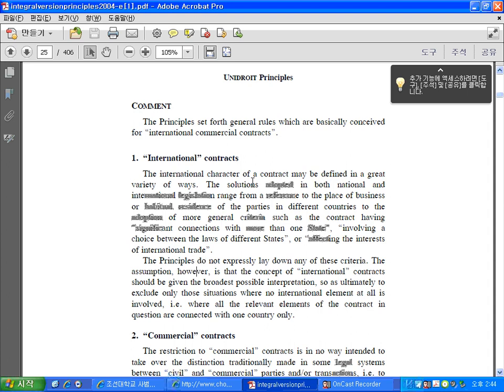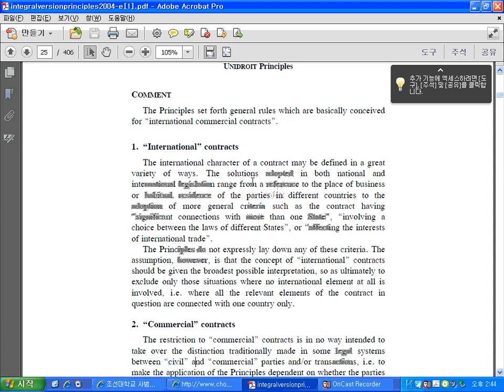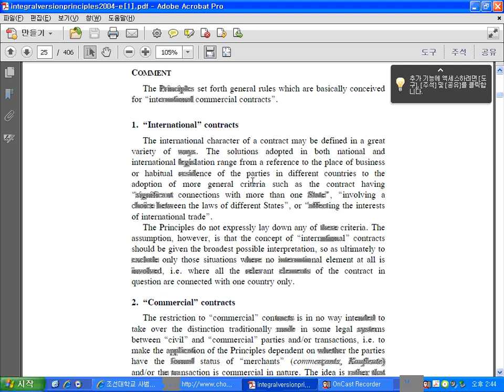The provisions span virtually the same in quantity as what the CISG later posted. About over 100 provisions were provided to dictate the rules and principles of the international contract.